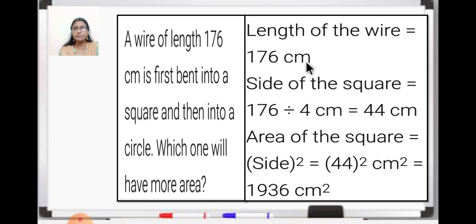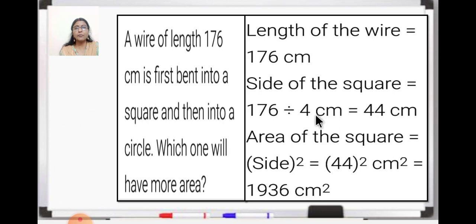176 centimeter. And then side of the square we need to find, because this wire is first bent into a square. And you know the formula for finding out the side of the square. As you know, here length of the wire, total wire, that is 176 centimeter is used. So we will divide it, as a square has 4 sides, so we will divide it by 4.